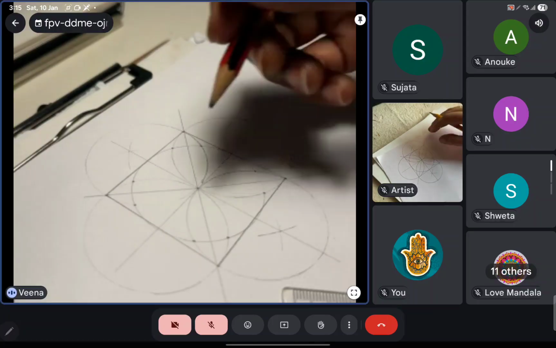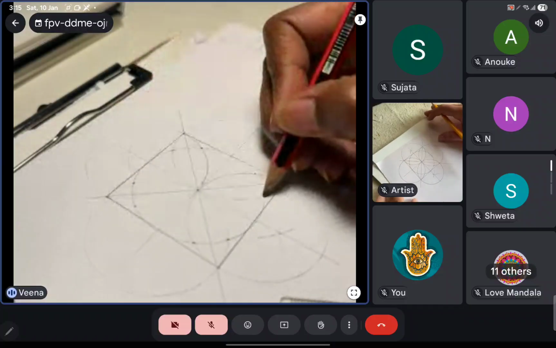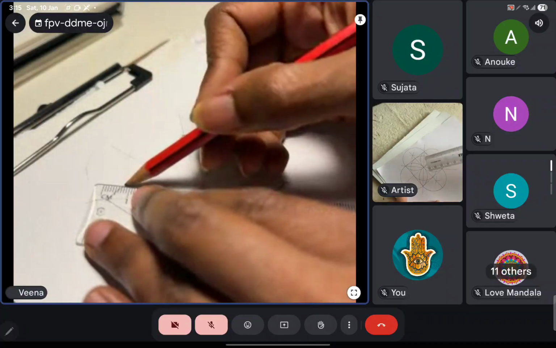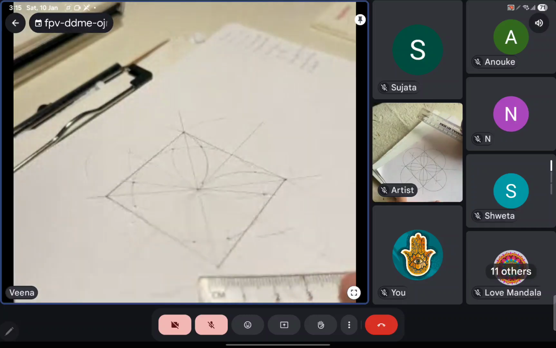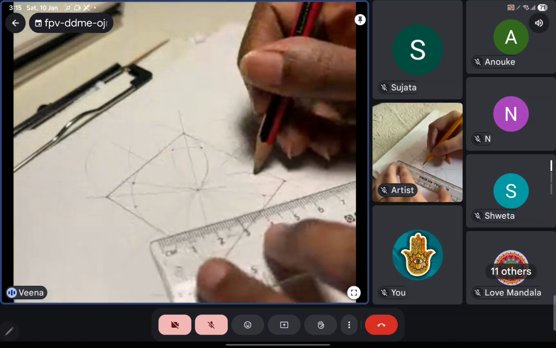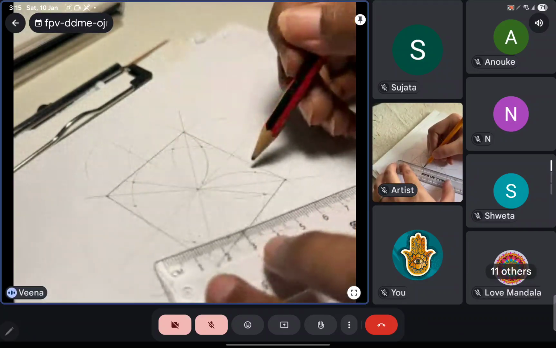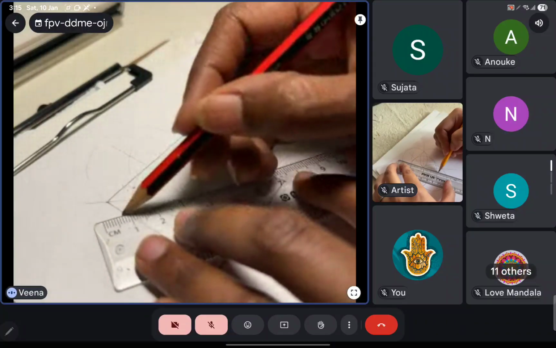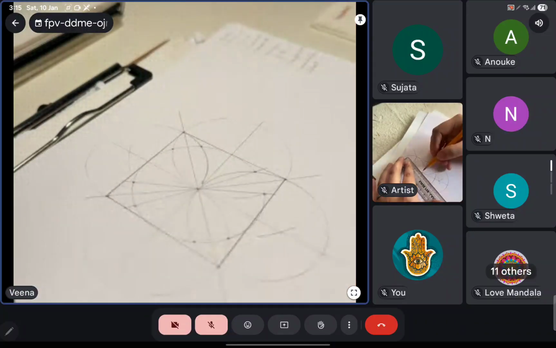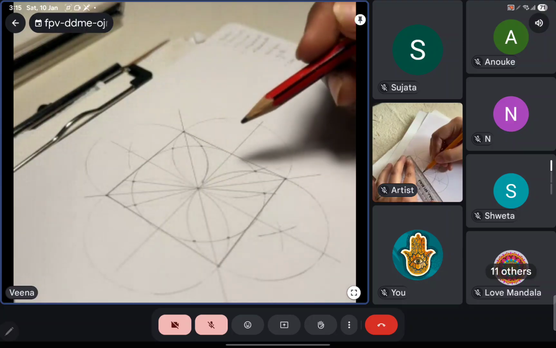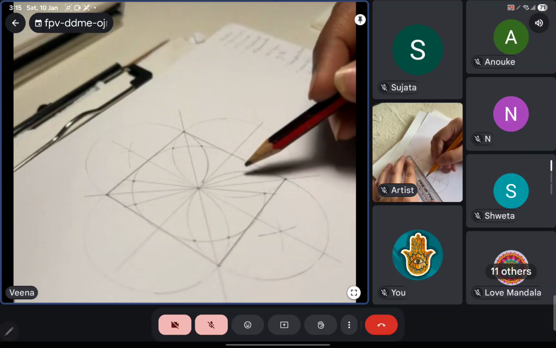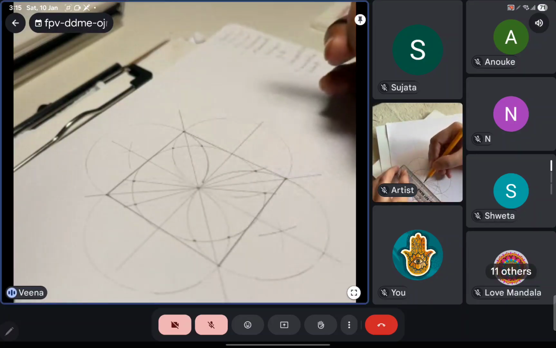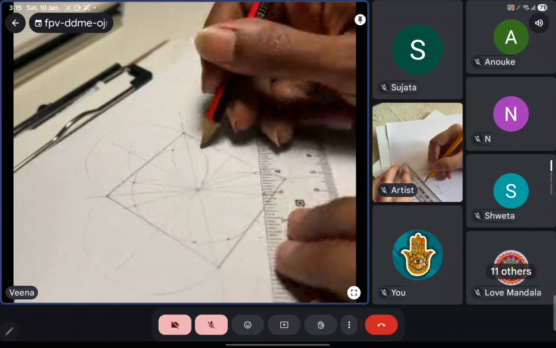Okay, and then this one with this one, all passing through the center, and then diagonally, like a cross. So now the square is divided into 12 parts.